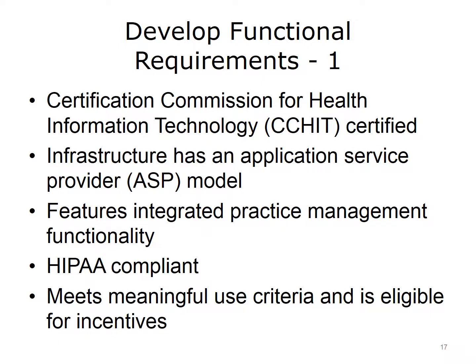This process of certification is very closely tied to the ability of the EHR to have meaningful use functionality, and the process is governed by a number of certifying bodies, such as the Certification Commission for Health Information Technology, CCHIT. If a requirement is deemed essential, then it becomes a limiting factor in the EHR selection process.